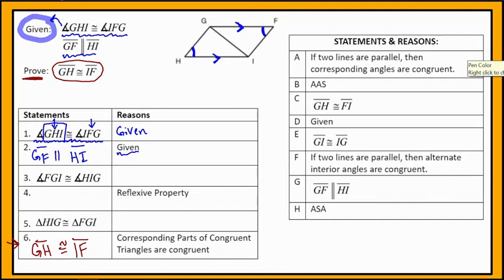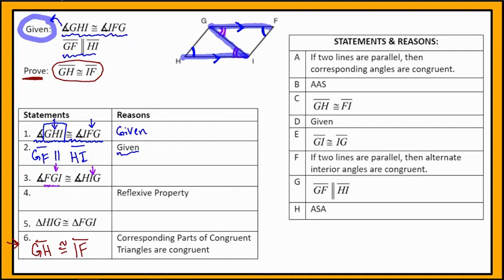So let's mark angle FGI. Because G is in the middle, we'll put the arc between F and I at G. Two arcs this time to show that it's congruent to another. Then I'm going to mark angle HIG, and I'm going to ask myself, what do I call that angle pair? Part of the hint is the fact that this line is parallel to this one, and they share that transversal.